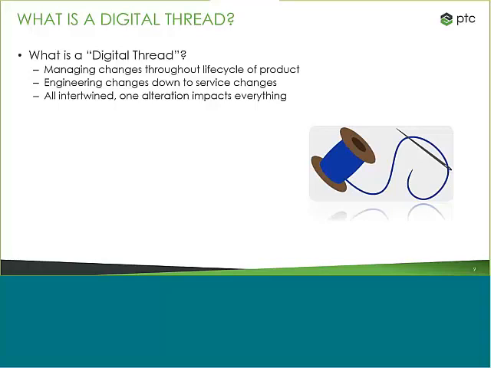And if there is a change made to the engineering data, that information should be available to the service writer, and so those changes will be pushed down into the service content as well. And as it says, it's all intertwined, the idea that the different pieces can impact each other.